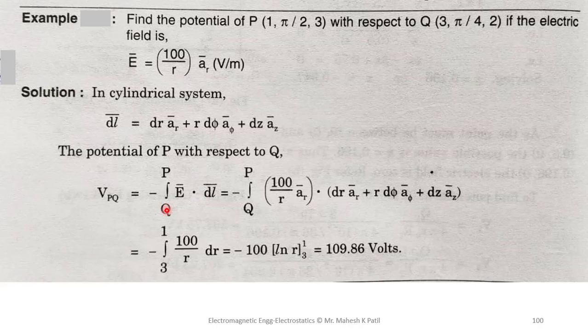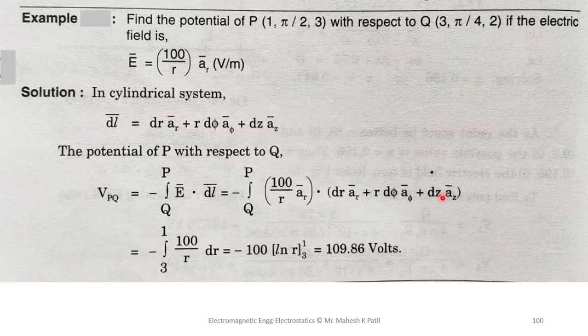Integration limits are from Q to P. So it is minus integration from Q to P of E bar, which is 100 upon R A r bar, dot with dl bar, and dl bar is dr A r bar plus r d phi A phi bar plus dz A z bar.